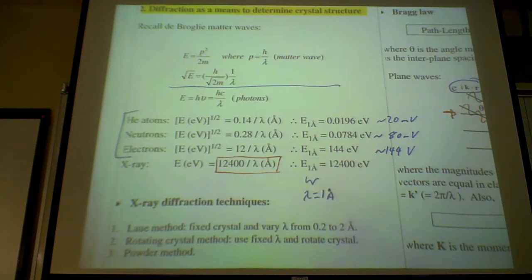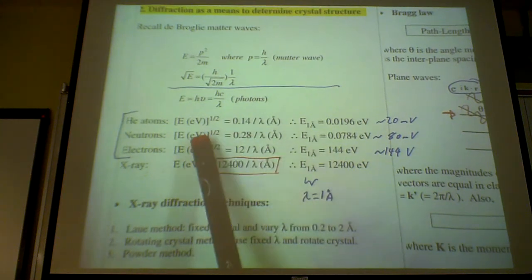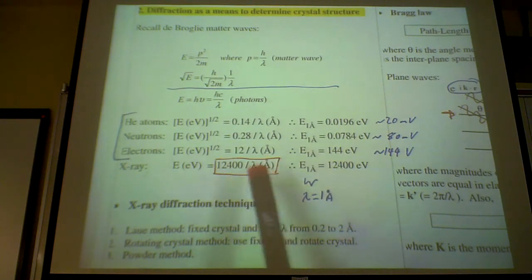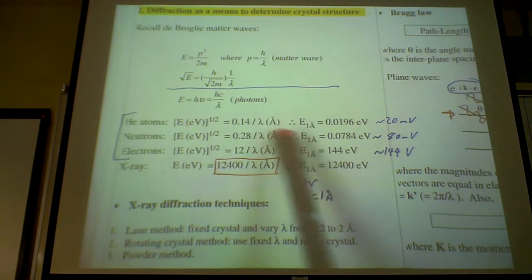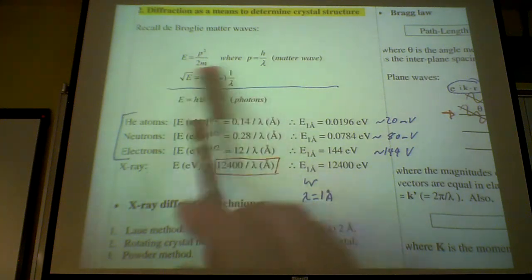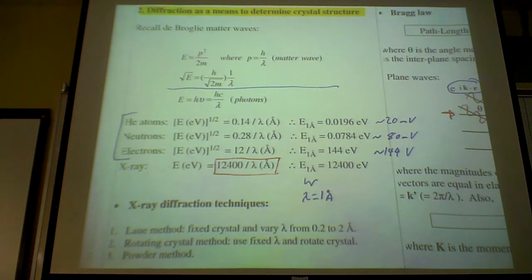Well, neutron scattering is really also like X-ray diffraction. In this case, you are going to use this formula because the neutron has a mass, and you calculate what kind of neutron energy you need in order to create about a 1 Angstrom wavelength, so that you have diffraction phenomena.